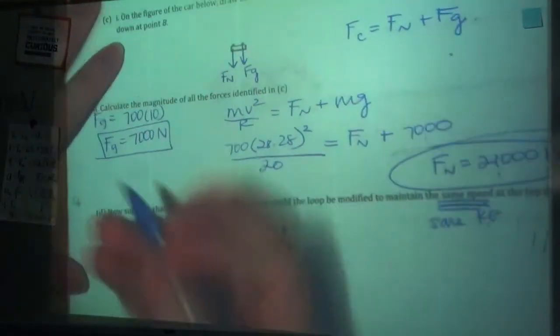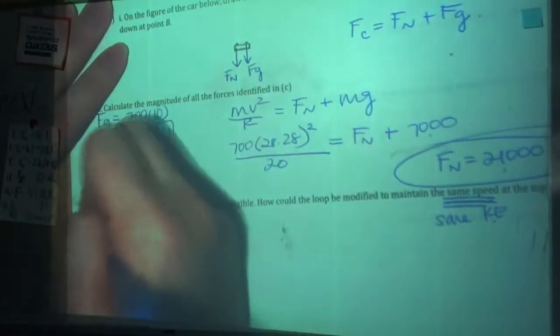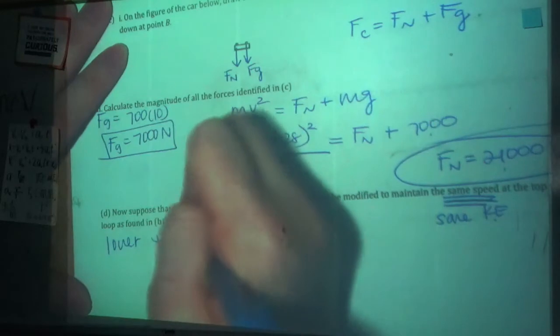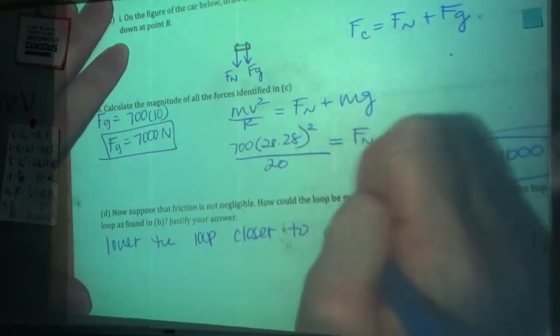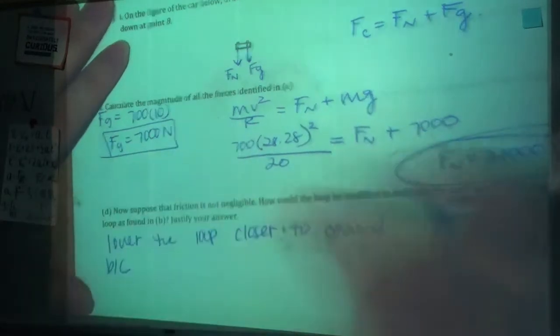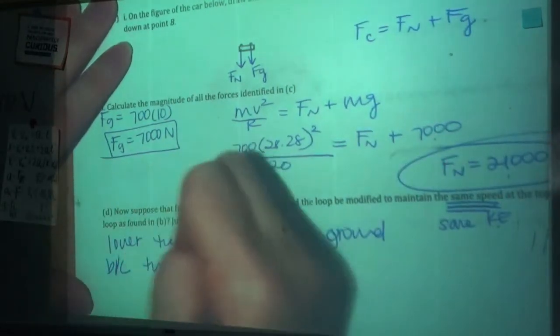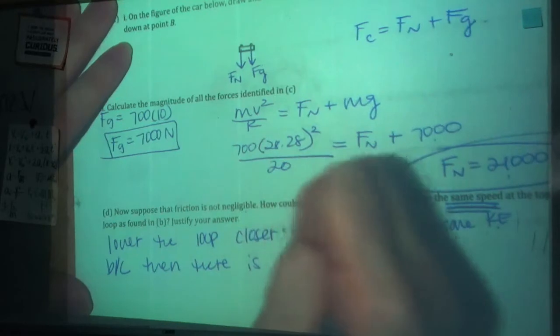So what I would say is you lower the loop closer to the ground, because then there is less potential energy.